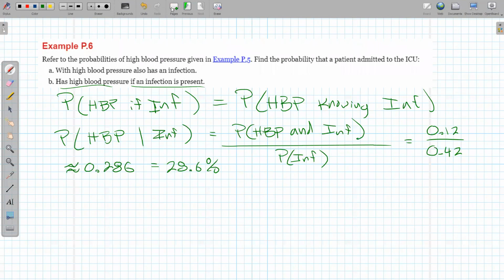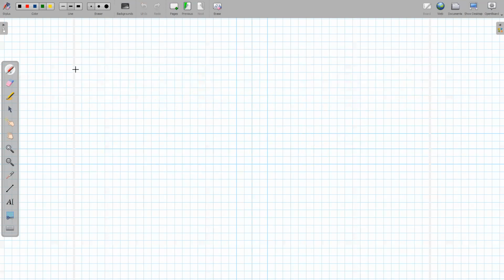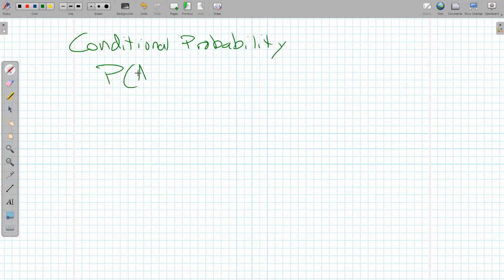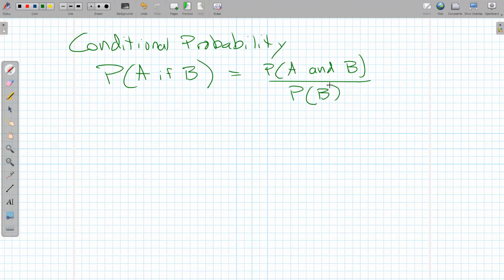Another thing about these formulas, the conditional probability. That would be the probability of some event A happening if we know event B happened, and it is always the probability of A and B divided by the probability of B. And often this rule is rewritten as a multiplication rule.